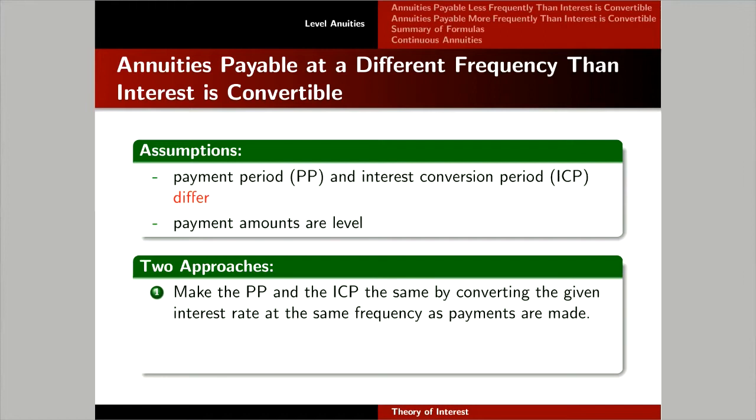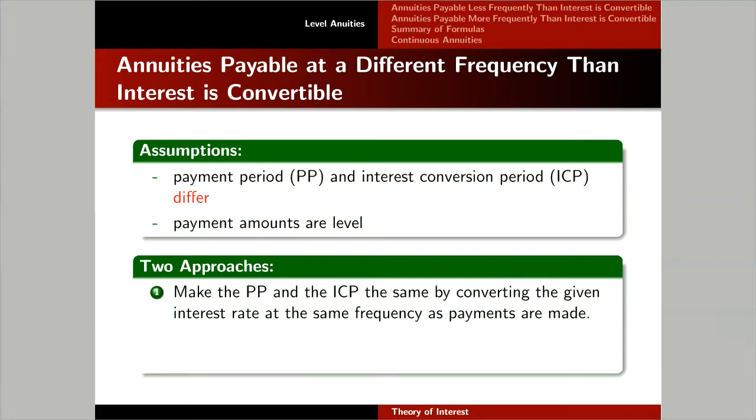Let me give you an example. For example, the payment period is every quarter, while the interest conversion period is every month. So you try to convert the i upper 12, for example, that's the nominal rate of interest convertible monthly, to i upper 4.